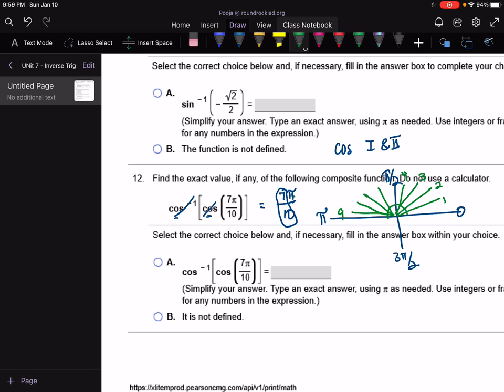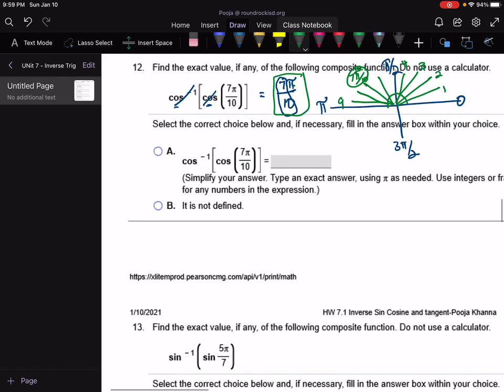And 7 is clearly 7 pi over 10, the 7th part. So you can say this is in the second quadrant. Second quadrant is acceptable for cosine, so 7 pi over 10 is the right answer.